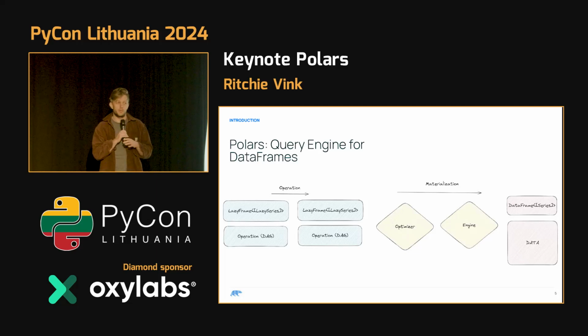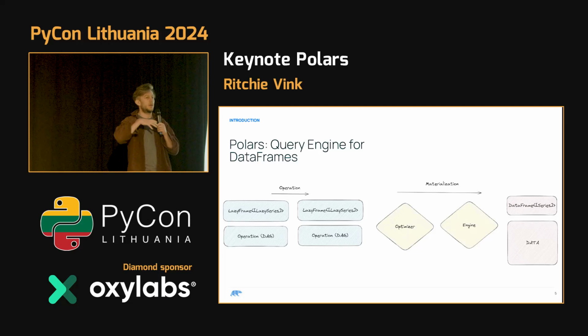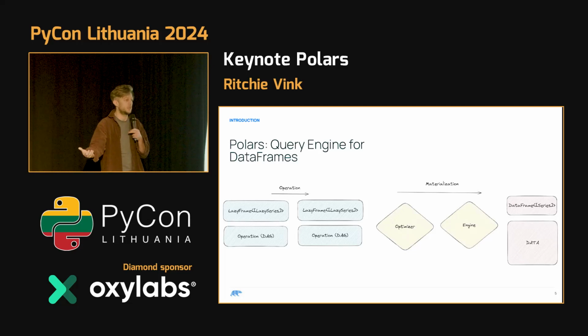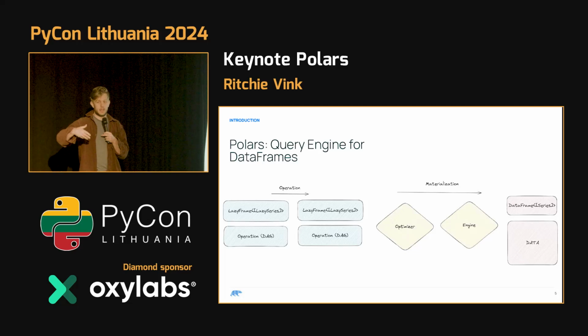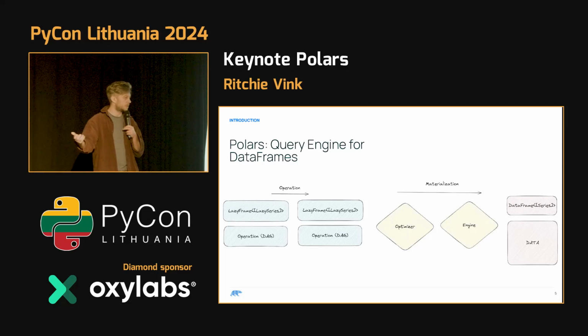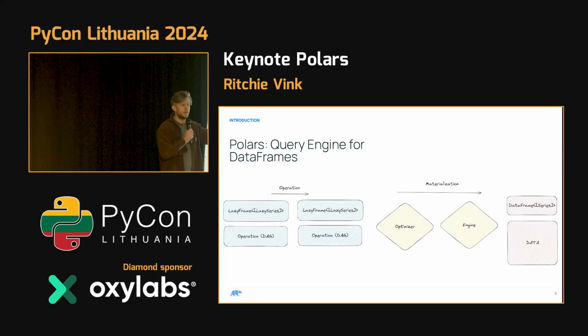For those who don't, if you write an operation, you just keep track of that operation, and you do the following operation, and you keep, for instance, a tree. You keep a tree of operations, or DAG, a directed acyclic graph, a data structure which keeps track of which operations you want to do, but you don't do them yet. It's lazy. So if you do an operation, you will get another lazy frame, another DAG, and we don't do anything.